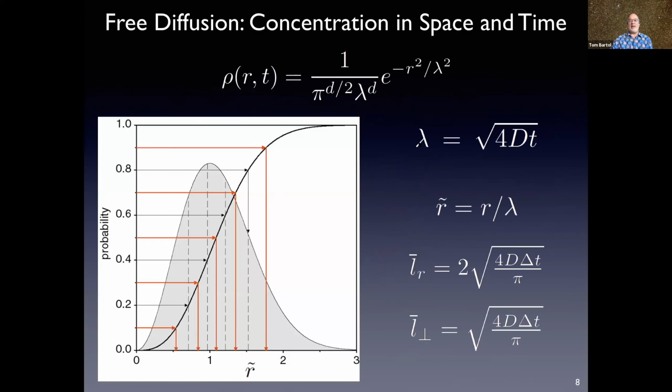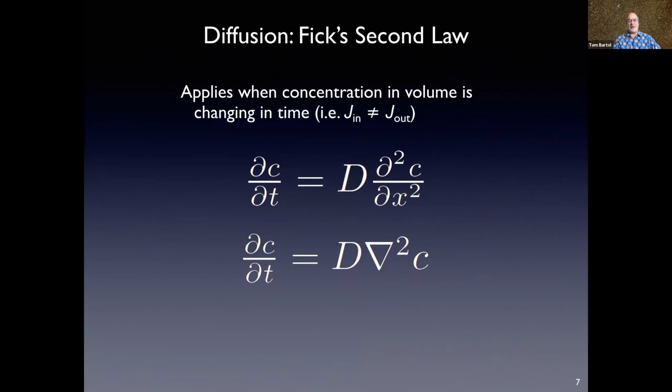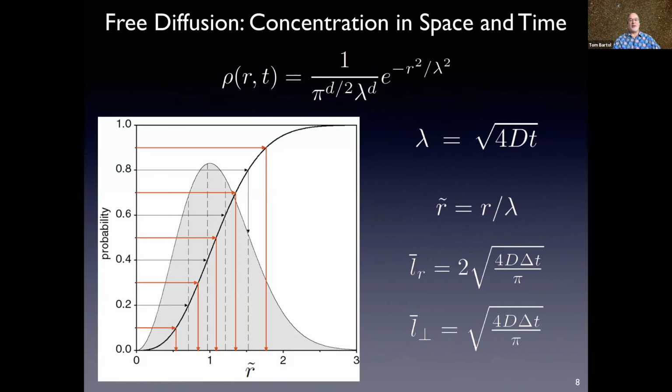And in free space, if I start with a point source of particles, we can solve that partial differential equation to get the rate of change of density with radius and time of the particles in our system.